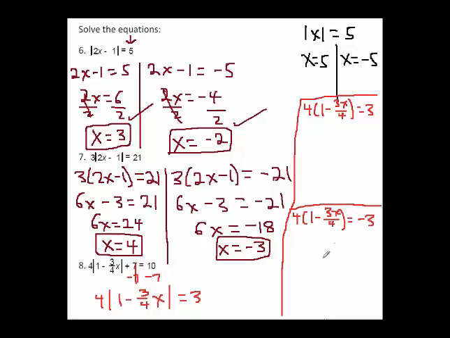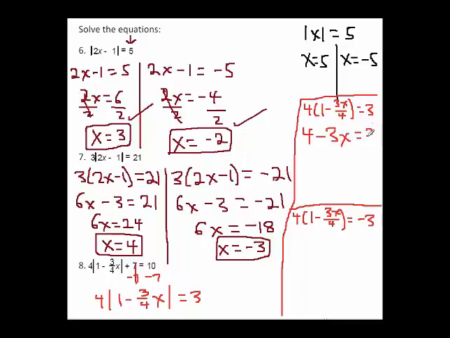Now, to solve any kind of an equation, the first thing you need to do is distribute. So 4 times 1 is 4. Then 4 times negative 3x over 4, well, the 4's cancel. If this 4 is being multiplied by this whole term, so this is the denominator, this is the numerator, you can cancel out the 4's, and you're left with a plain negative 3x.